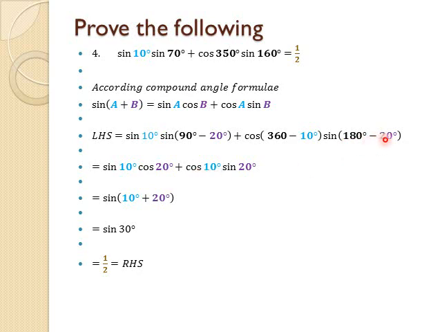And 180 minus 20 falls in the second quadrant where sine is positive, so that becomes sine 20. So now you see I've got 10 and 10, same angle, 20 and 20. So now I can work vice versa and reduce, so that would become 10 plus 20, 30 degrees, and the sine of 30 equals half, which equals my right-hand side.